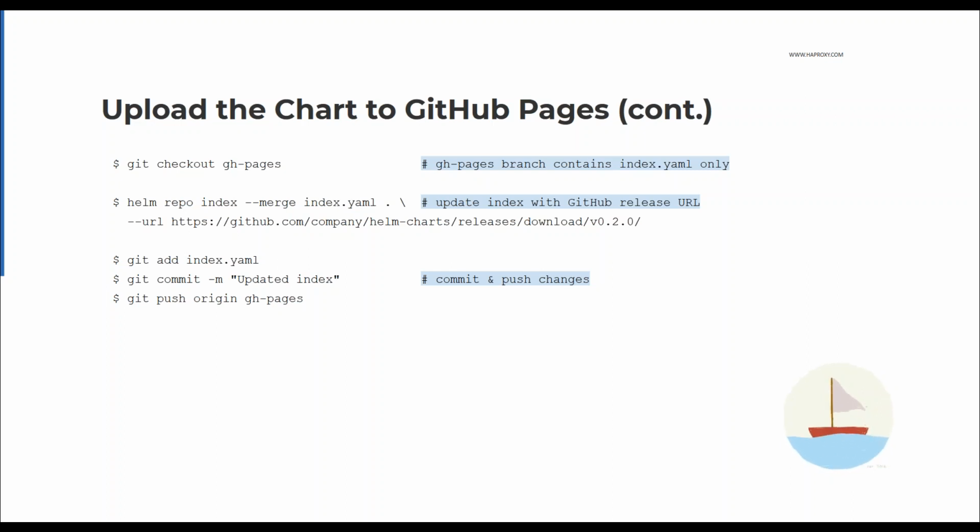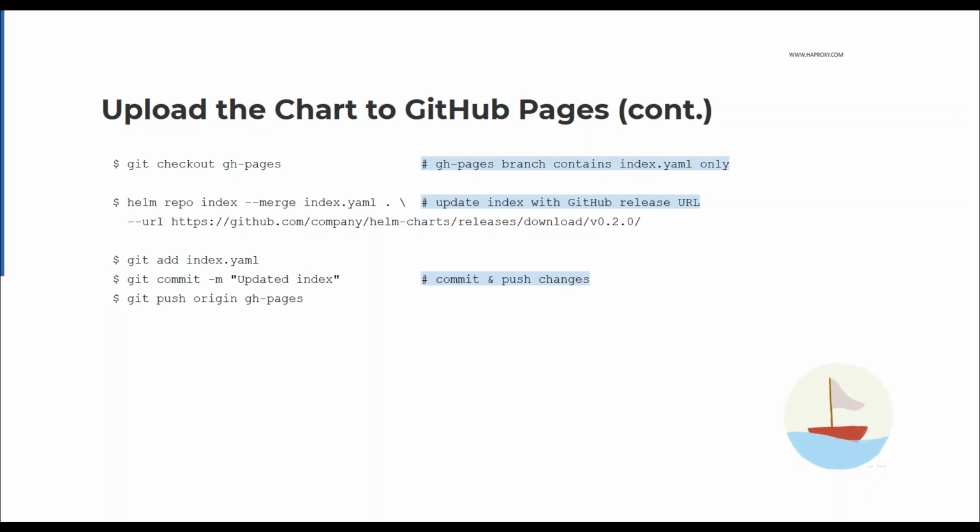The way that I've seen several projects do it, including the HAProxy Technologies project, is to use a separate Git branch to store your index. So while the master branch contains your actual source code, your Helm files, this other branch just has an index.yaml file in it. That way you're keeping the source code separate from the repository.